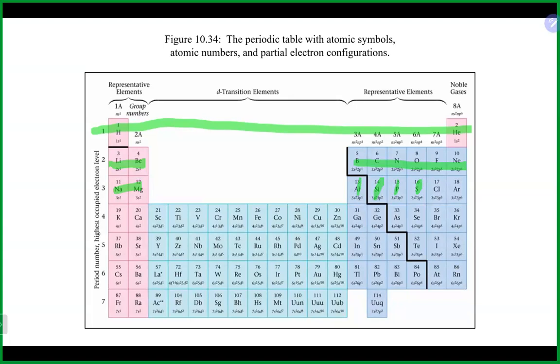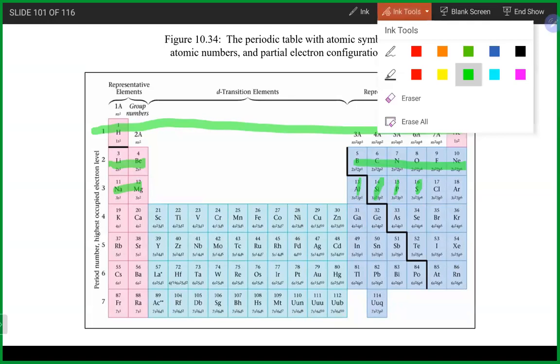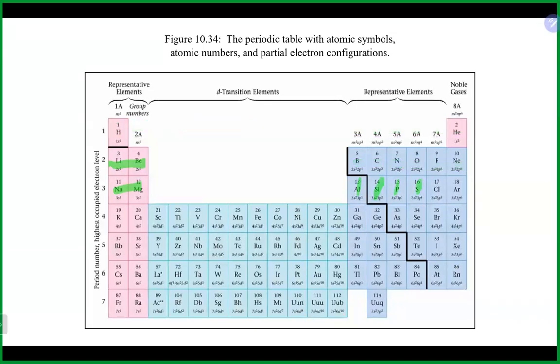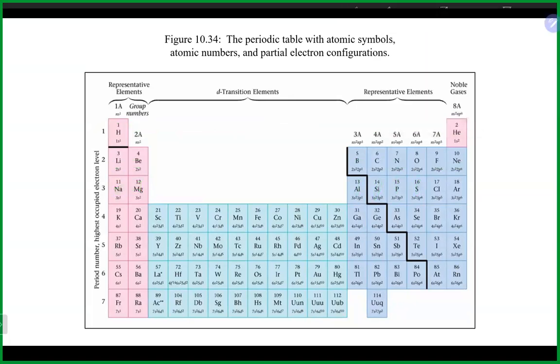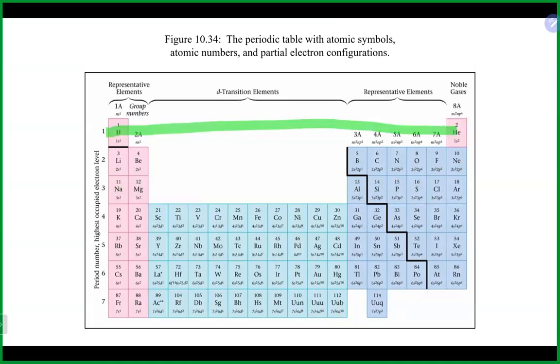You do have to be careful. For example, we just did nickel, I think. Yeah, so we just did nickel. If we were going to count it off, it would be 1s2, 2s2, 2p6 to neon, 3s2, 3p6.